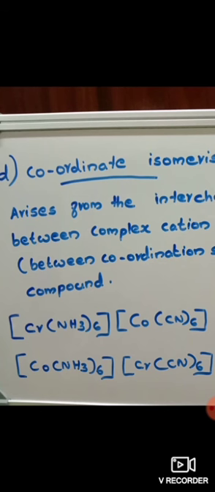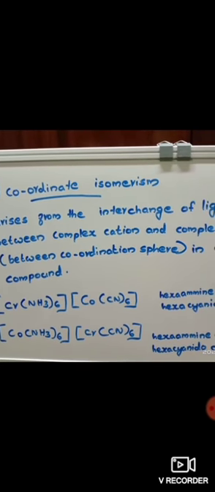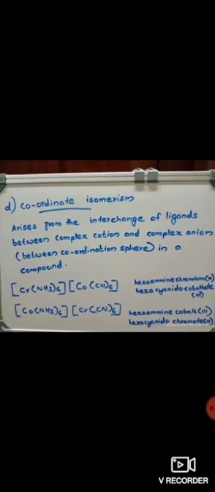And what happened here? Interchange of ligands between the coordination spheres. This type of compounds will show coordination isomerism. It arises from the interchange of ligands between complex cation and complex anion, or in between the coordination spheres in a compound.